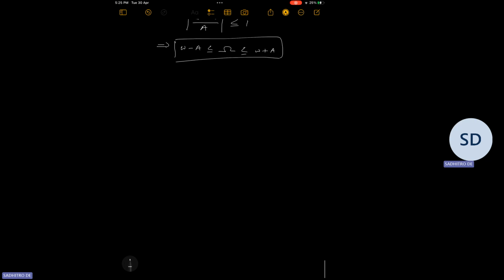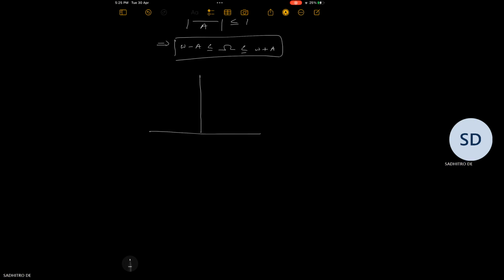So one can draw a graph of capital omega versus A. So you have the resetting strength in this direction and capital omega in this direction. So this corresponds to the point A equal to 0.